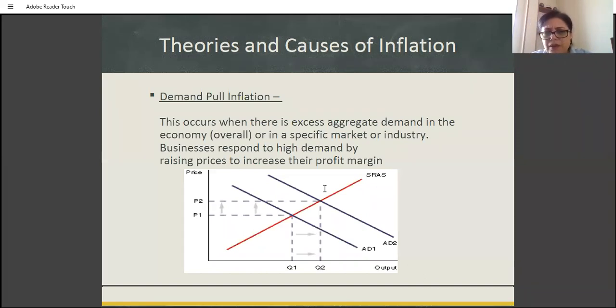So businesses respond to high demand by raising prices in order to increase their profit margin, because they cannot keep pace immediately with the sharply increased demand, and that's why they want to gain from this situation by raising prices.